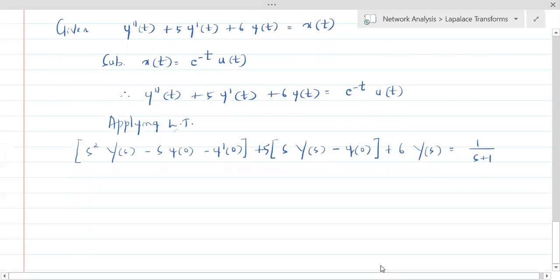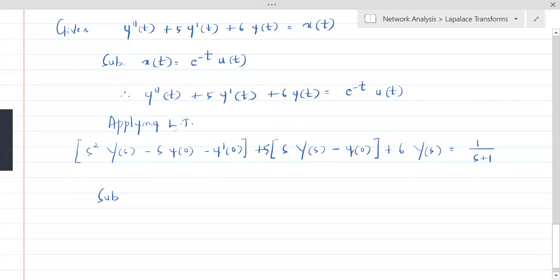Now bring it to the form wherein we'll have Y of s. I need to obtain the equation for Y of s here. So first we have to substitute y dash of 0 as 1 and y of 0 as 2.